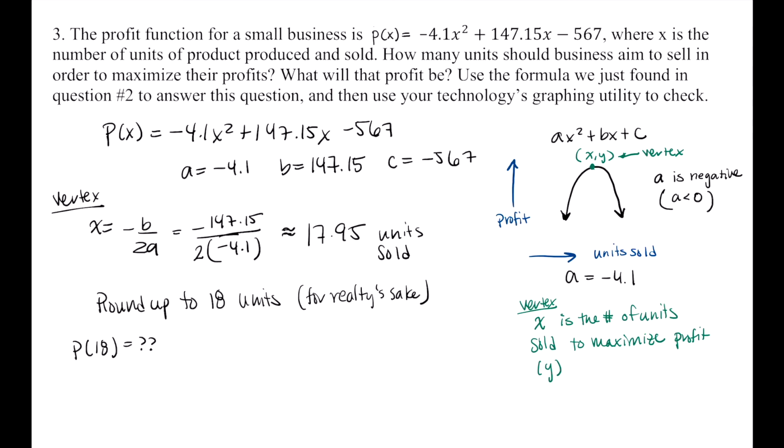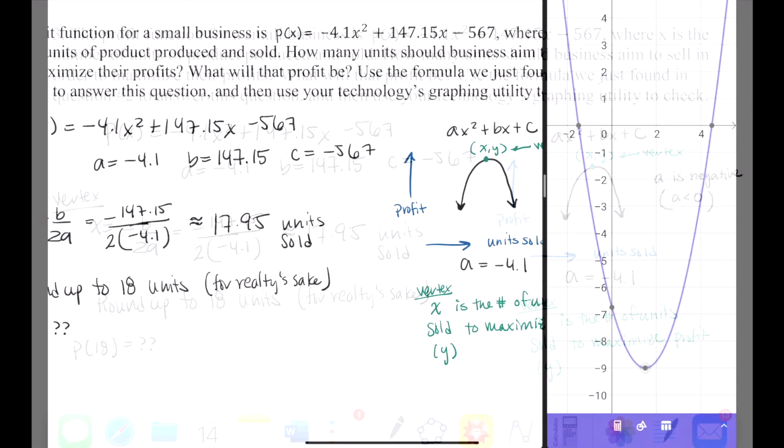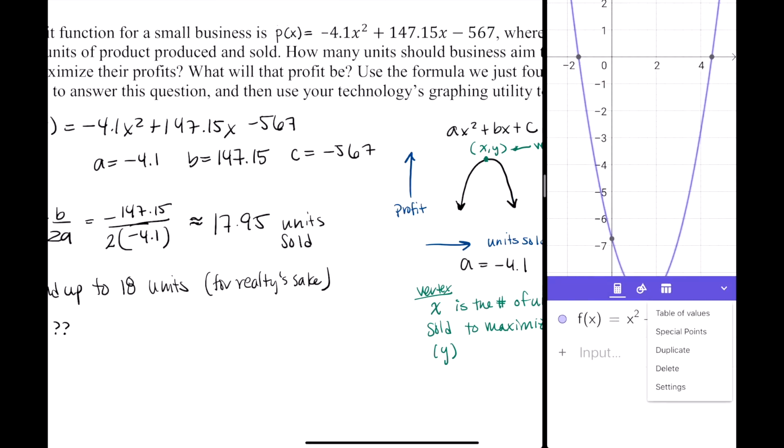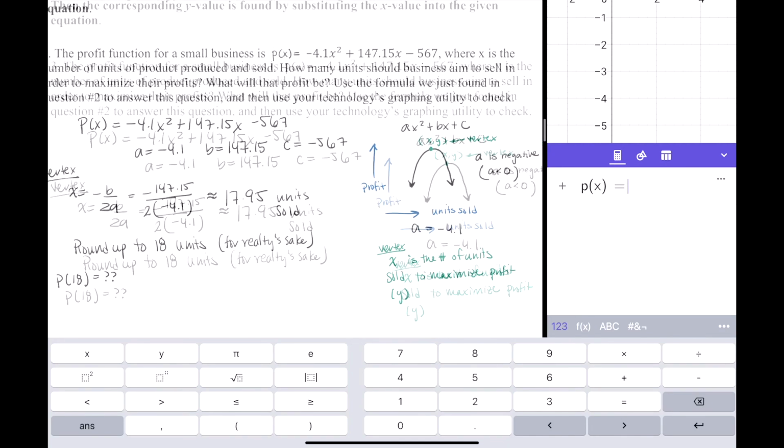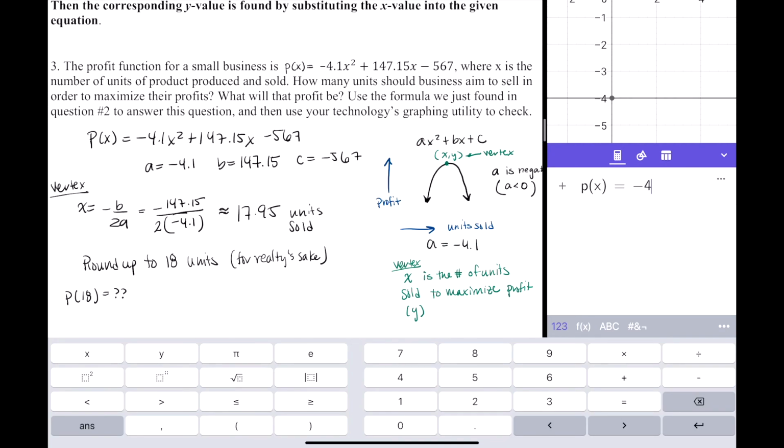And for all of this, I'm just going to go ahead and use technology. And here I have my old function. I'm going to delete that. And I'm going to go ahead and start here with P of x is equal to negative 4.1x squared plus 147.15x minus 567.